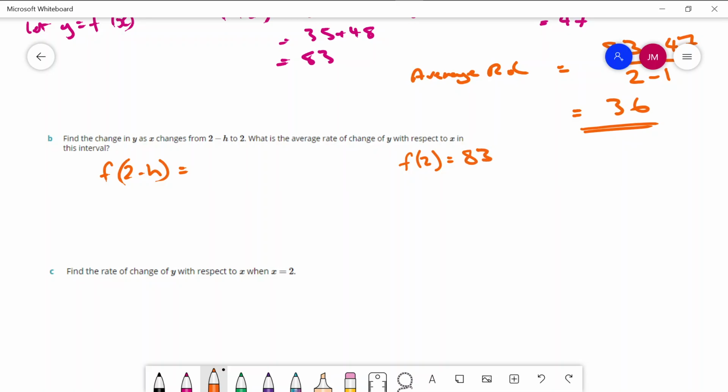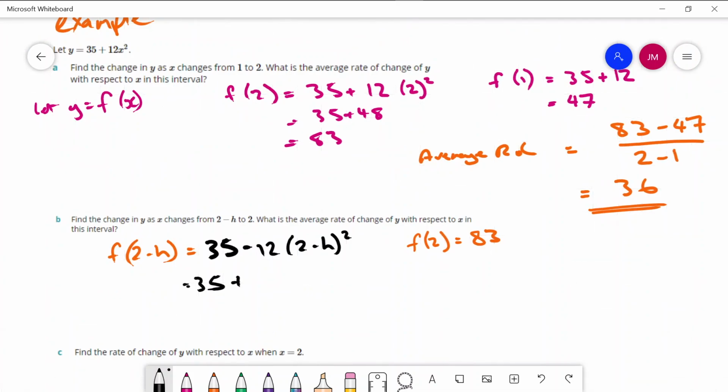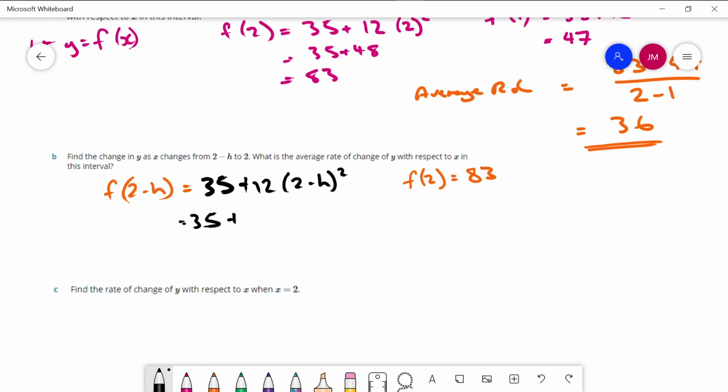So let's sub in 2 minus h for x. So we had 35 plus 12 lots of 2 minus h squared. It's a little bit messier than the first one, but we just expand our brackets out here. So we'd have plus 12 times, and now we expand these brackets, 2 squared is 4, times 2 lots of 2 minus 2h, so minus 4h plus h squared.